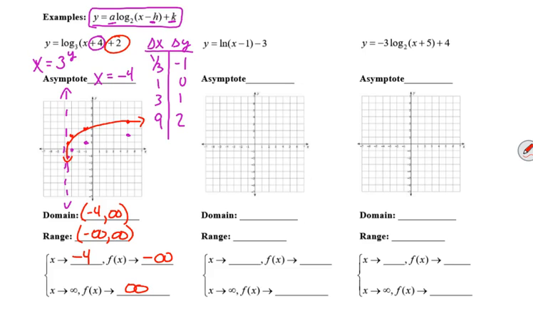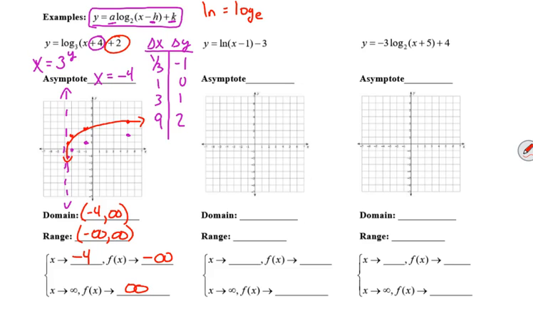All right, moving on to the second example. This was a little different. This says y equals ln of (x minus 1) minus 3. ln is just a shorthand version of log base e. And we talked about that, right? We talked about base e in exponentials.